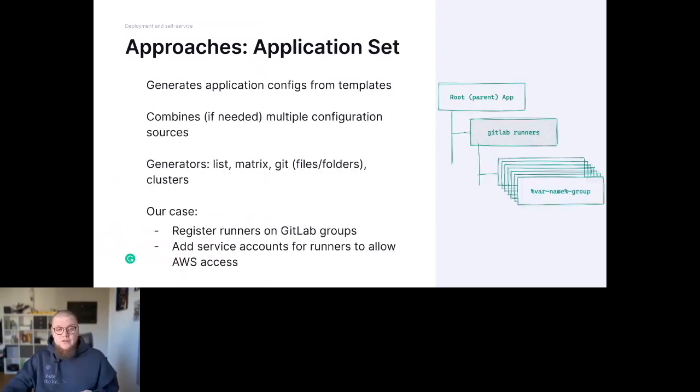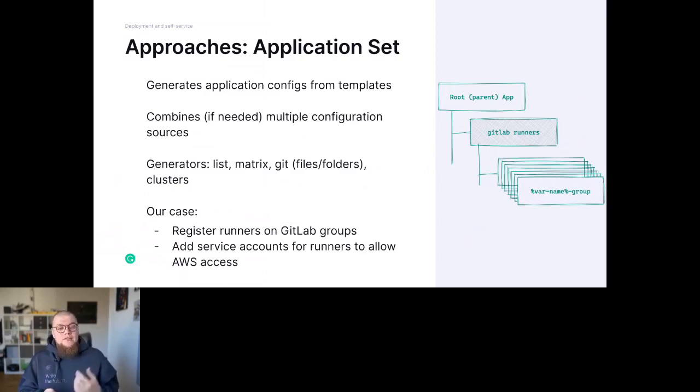I know it's been a lot, but if you remember from the beginning of the presentation, there are service accounts that we use to provide access for CI jobs to other AWS accounts, right? So we have a lot of GitLab groups and a lot of AWS accounts, and because we follow the principle of least privilege, we do not allow access to anywhere for every GitLab project by default.